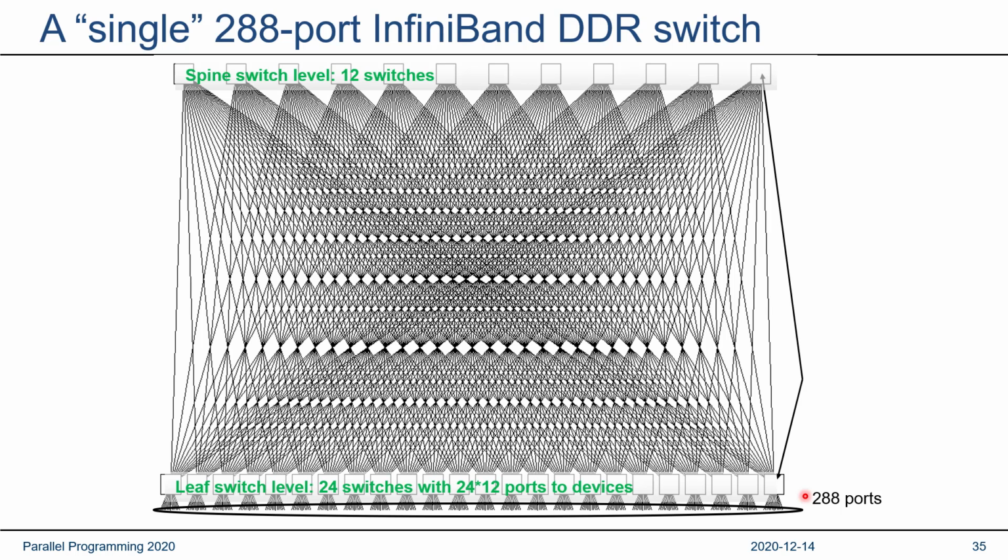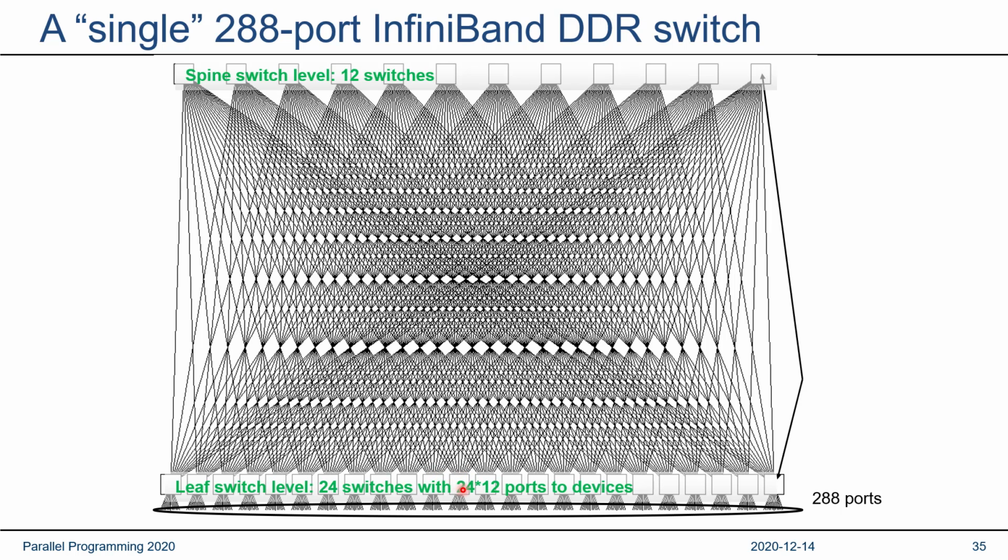Just to show you what this looks like, here's an example of a non-blocking fat tree switch hierarchy. That's a single device. You can buy this as a device, a single 288-port InfiniBand DDR switch. The leaf switches in this arrangement have 24 ports.